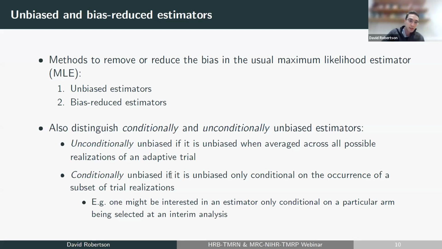In contrast, conditionally unbiased estimators are unbiased only conditional on the occurrence of a subset of trial realizations. So for example, in the context of treatment selection, we might arguably only be interested in an estimator being conditional on an arm being selected at interim analysis, because we're only interested in the properties of treatments which pass a minimum threshold, for example, the treatment which is the best out of a set of candidates.